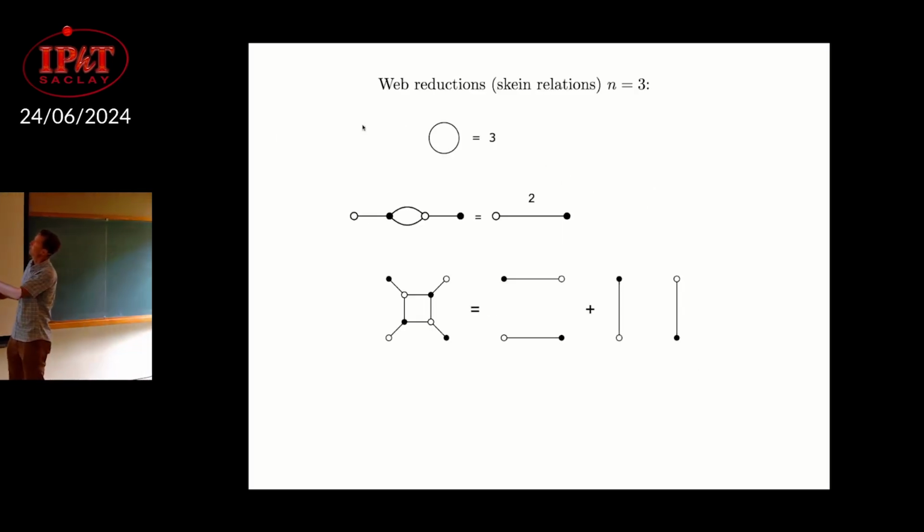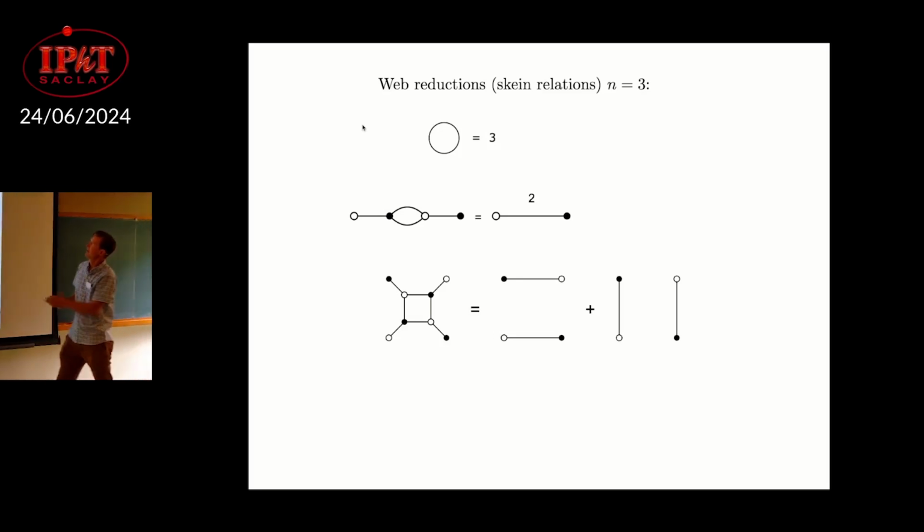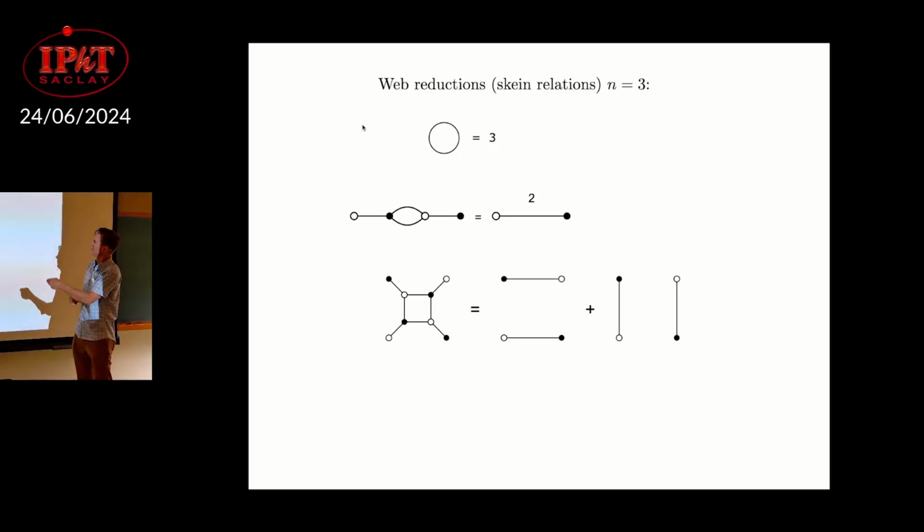There's a set of web reductions, or skein relations, for SL3. Every floating component, every loop here, gets multiplicity 3. Every bigon, you can remove it and multiply the resulting web by 2. And if you see a face of degree 4, you can replace it with either this web or that.